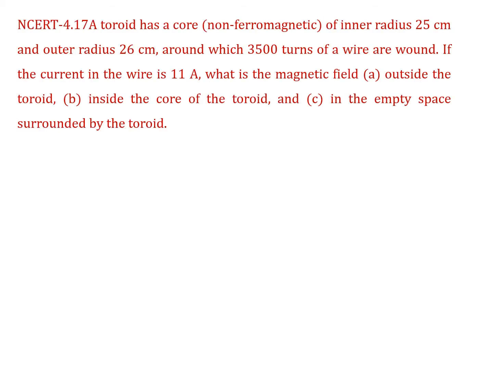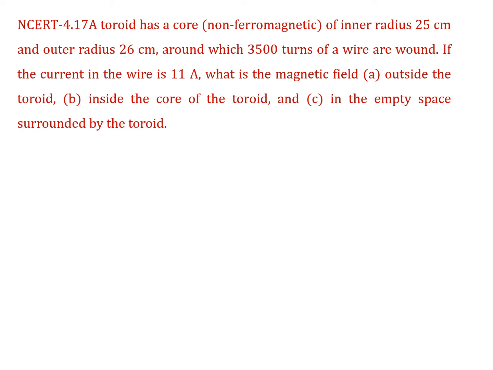We take a numerical now. It is question number 4.17 of the exercise. A toroid has a core of inner radius 25 cm and outer radius 26 cm, around which 3500 turns of wire are wound.